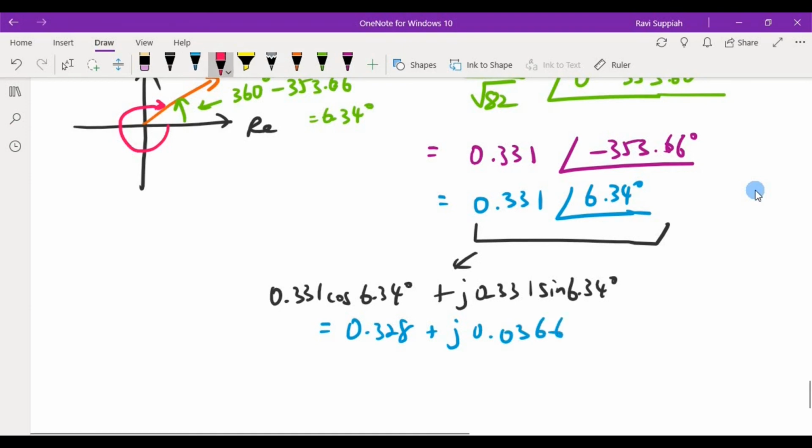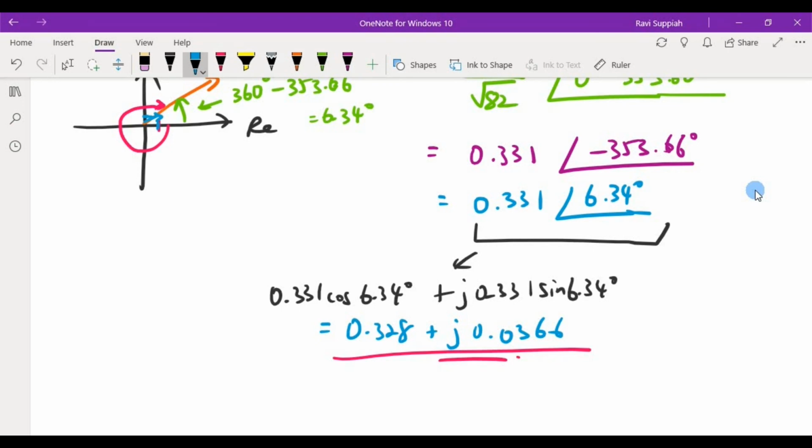As you can see, this corresponds to a complex number in vector form in the first quadrant here, because this is positive, so 0.328 somewhere here, and this is also positive. So you'll be here and here, so you draw the vector somewhere in this direction.